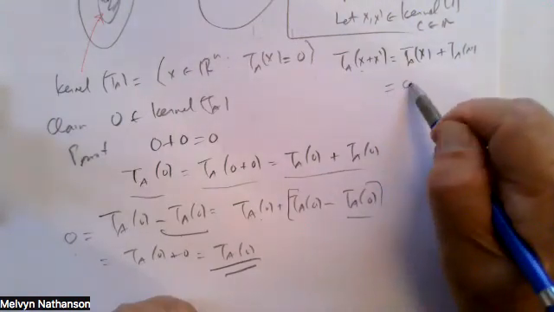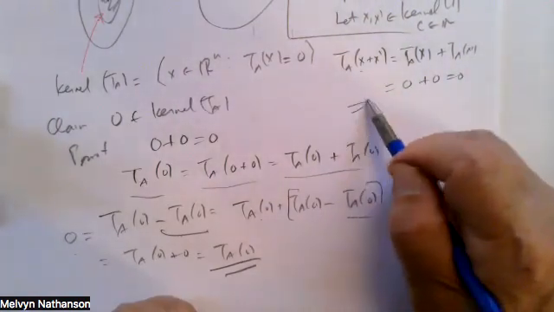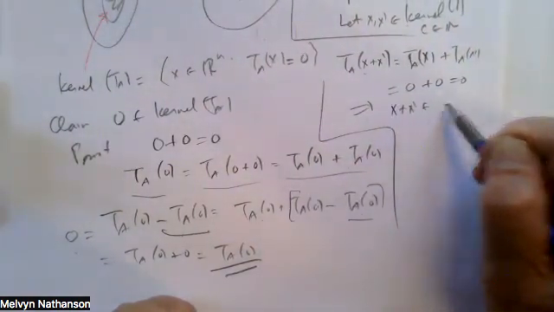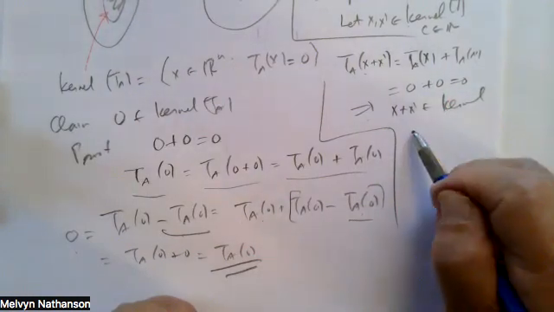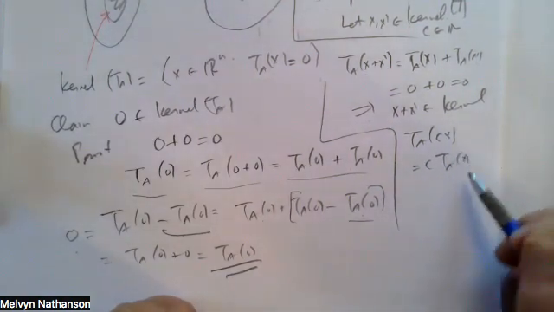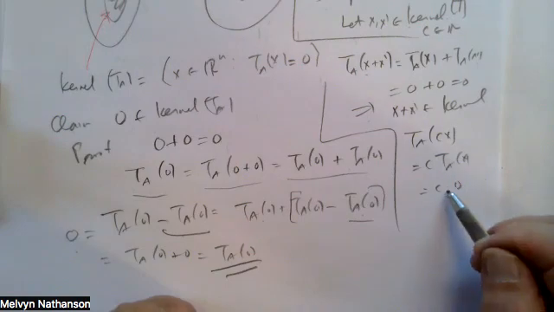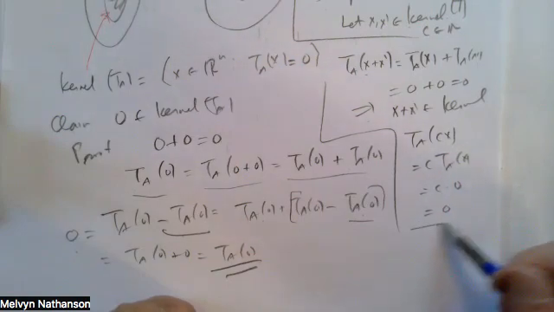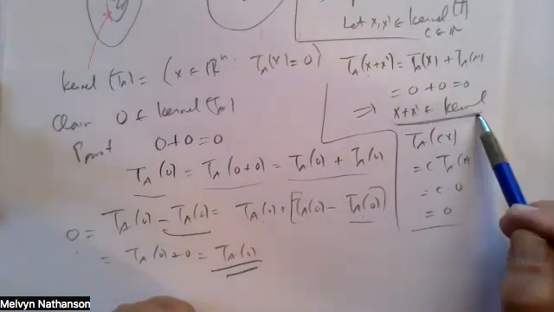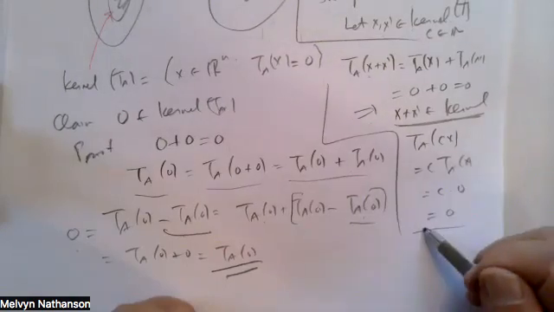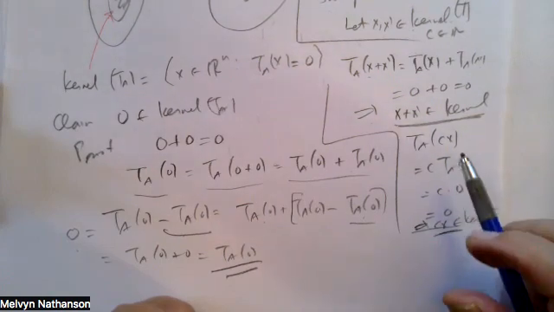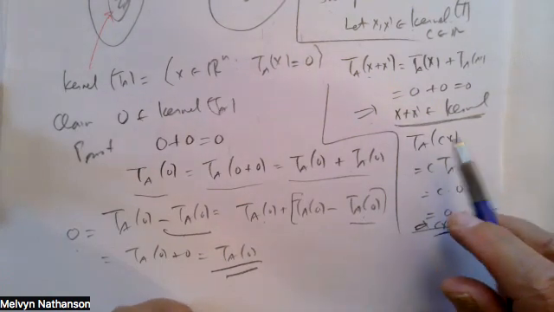But each of these is in the kernel. That's 0 plus 0, which is 0. So if x and x prime are in the kernel, x plus x prime is in the kernel. And if I take T sub A of cx, that's c times T sub A of x. That's c times the zero vector, and anything times the zero vector is zero. So the kernel satisfies the two properties that it's closed under vector addition and it's closed under scalar multiplication. So that's a subspace.